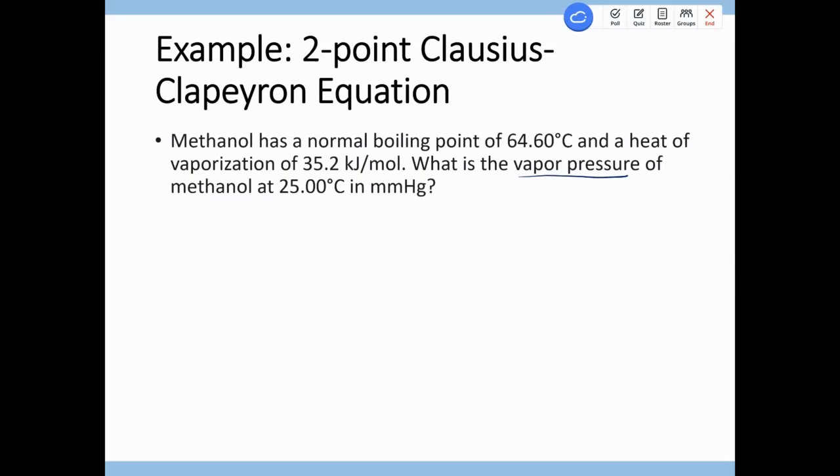So if something has a normal boiling point of 64.6 degrees Celsius, that means that at that temperature, its vapor pressure is 1 atmosphere, or 760 millimeters of mercury. So if you know the boiling point of a substance, you know its vapor pressure at that temperature is atmospheric pressure.